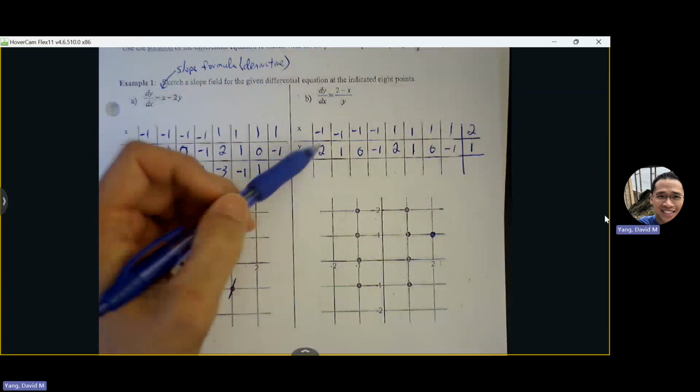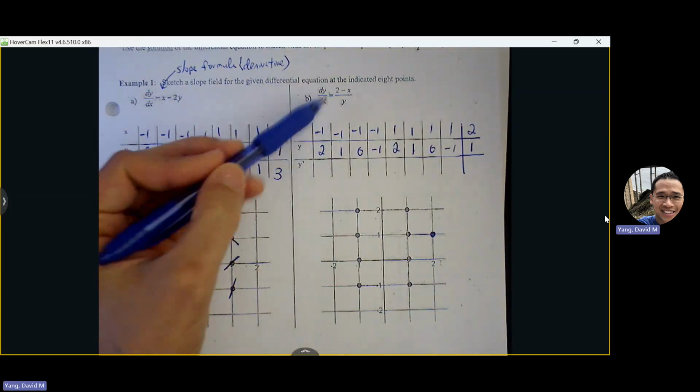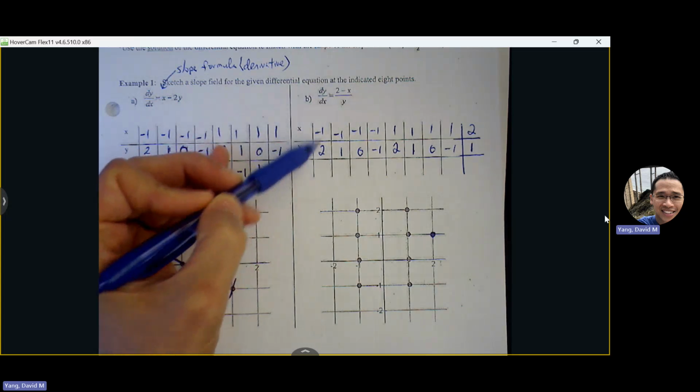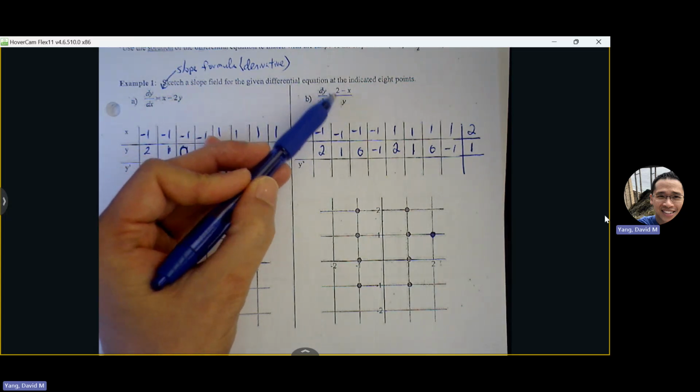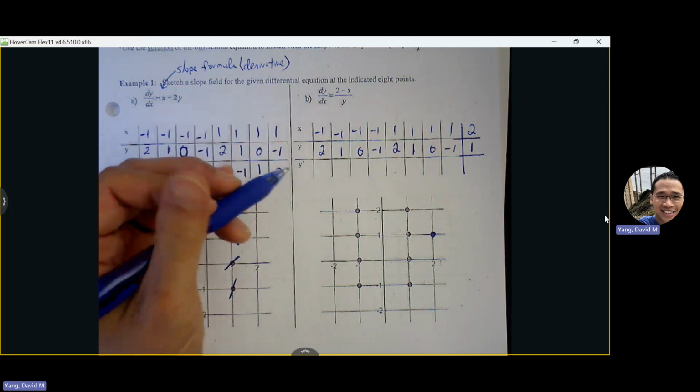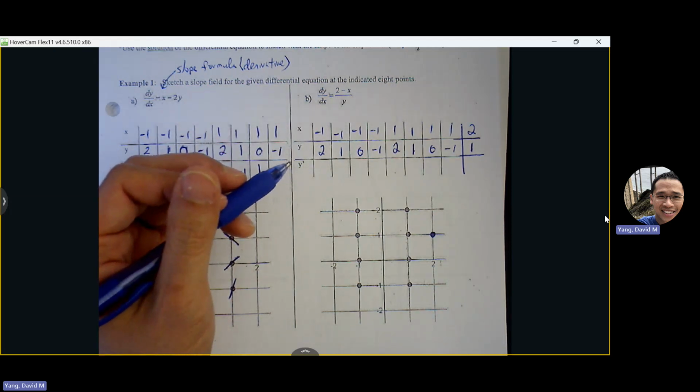Okay, so same steps. It's just now we have a different differential equation. So we're going to take our corresponding ordered pairs, plug into our derivative to get our slope, and then translate that slope to a slope segment, to a short line segment.